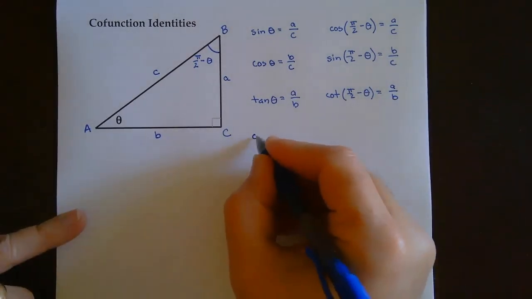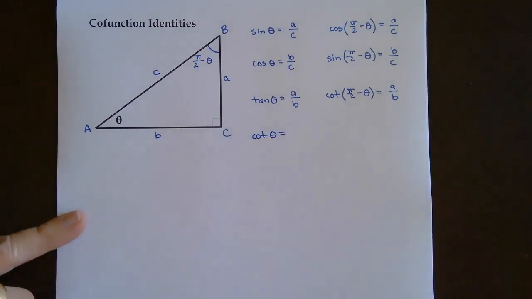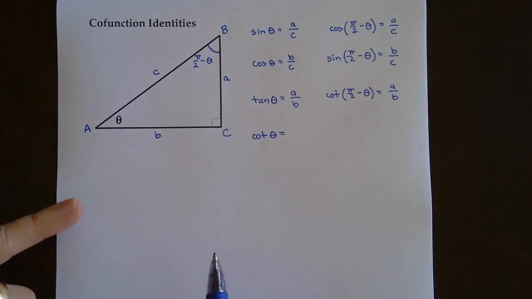Okay, how about cotangent of angle theta? Cotangent of angle theta would be, again, the adjacent leg over the opposite leg.